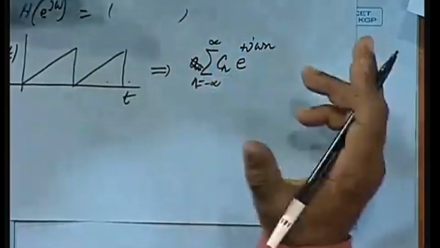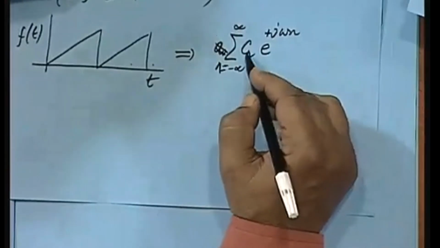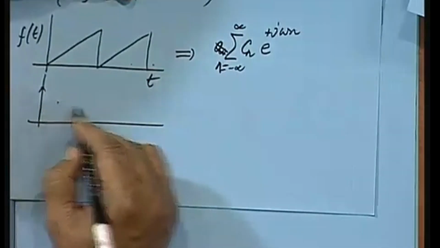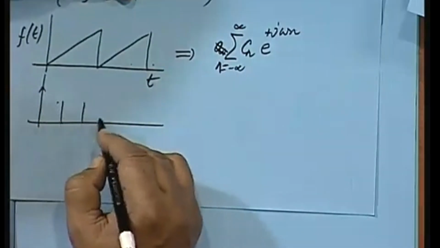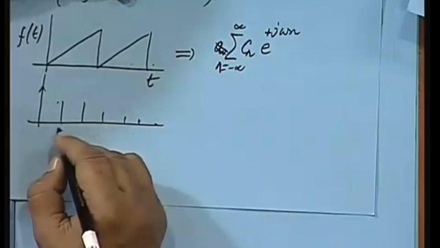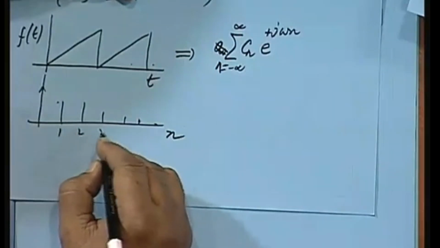If you combine together and write in the complex form, it will be like this: Cn e to the power j omega n, and we get lines. These are called harmonics. I can just number them, harmonic number 1, 2, 3, 4 and so on. These are the frequencies present.